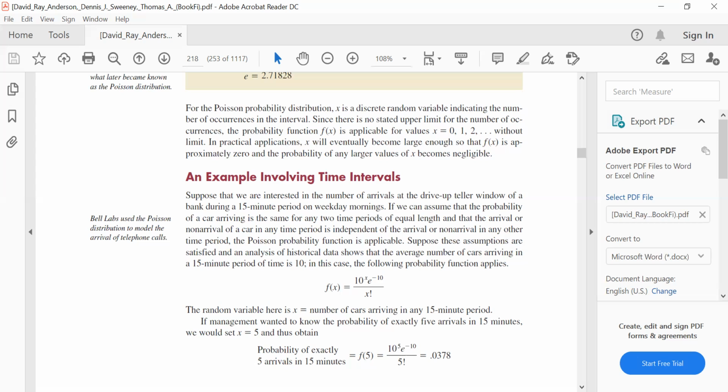Suppose these assumptions are satisfied and an analysis of historical data shows that the average number of cars arriving in a 15-minute period of time is 10.